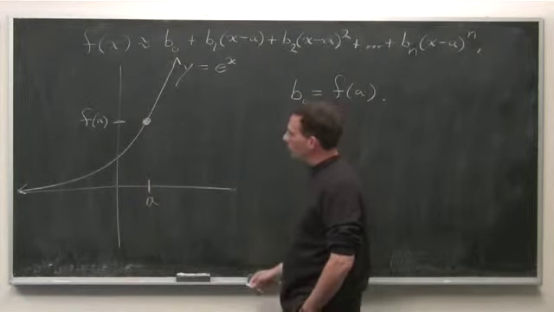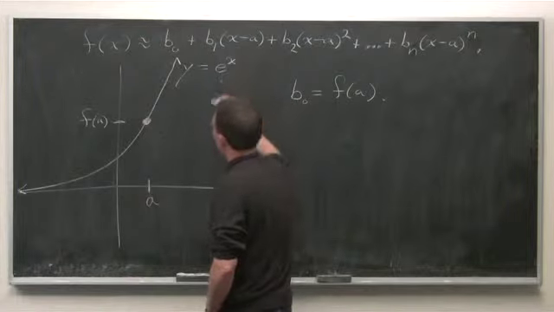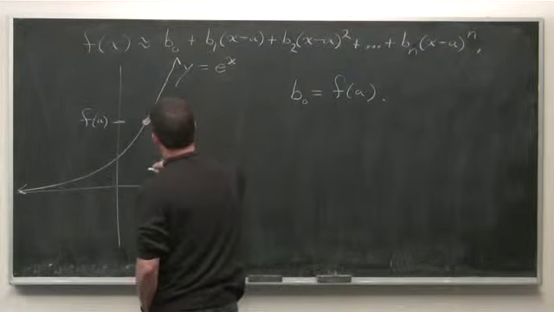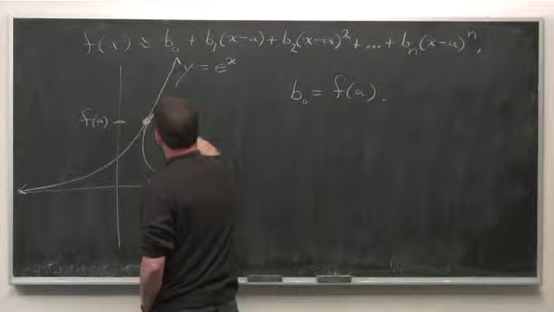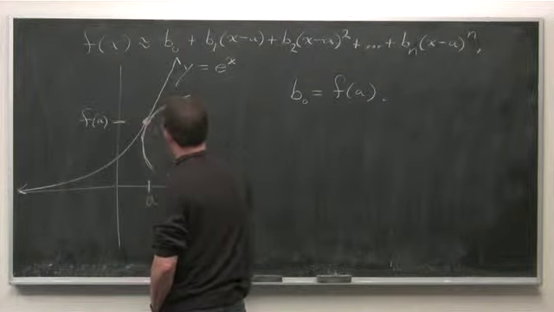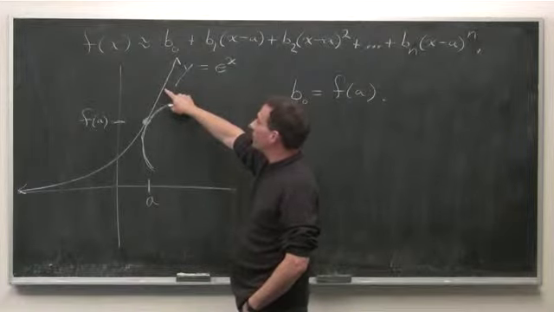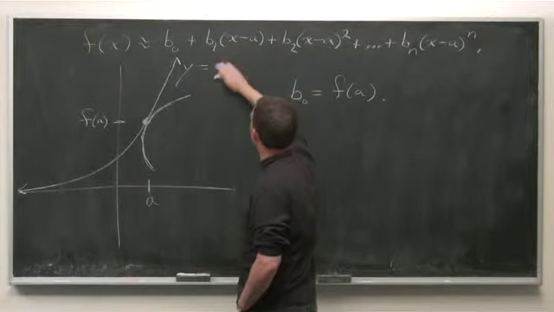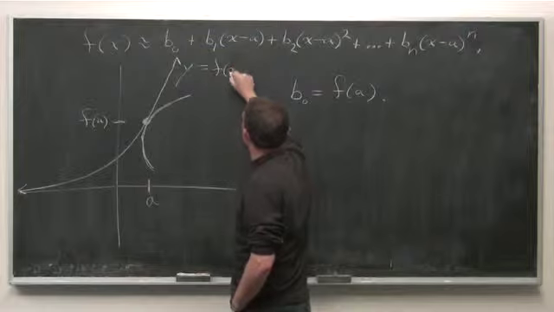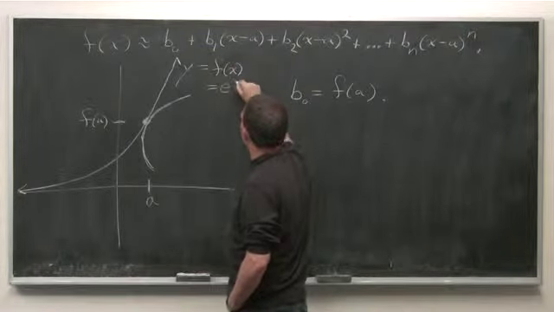But then we also want the graph of this. The graph of this could be some curve, but we'd like for it to have the same tangent line as the graph of our original function. So I should have called this f of x, which I'm thinking of as e to the x.